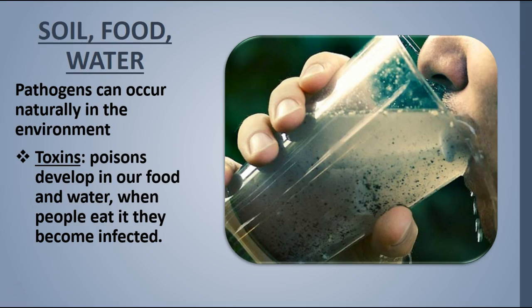And when people eat that food and water, they become infected, and those toxins can make you very sick. One of the examples would be cholera. Cholera is an infectious disease found in water that is not chemically treated to remove contaminants, and cholera causes diarrhea.